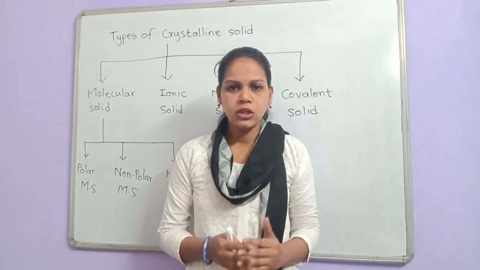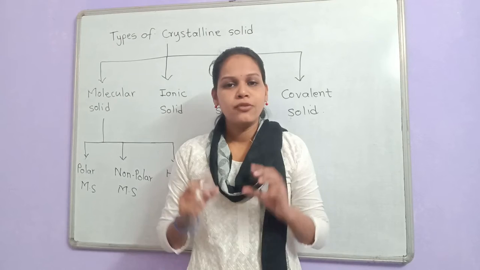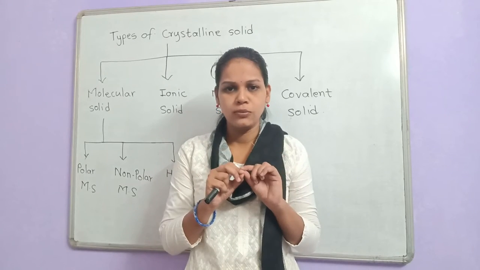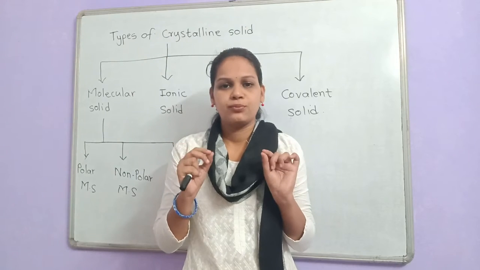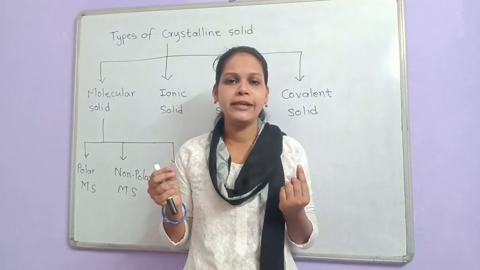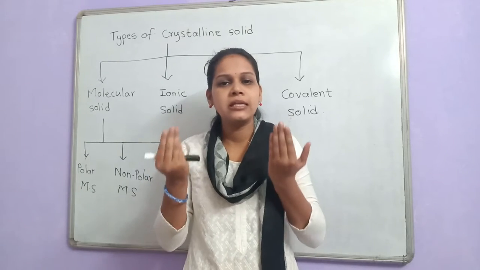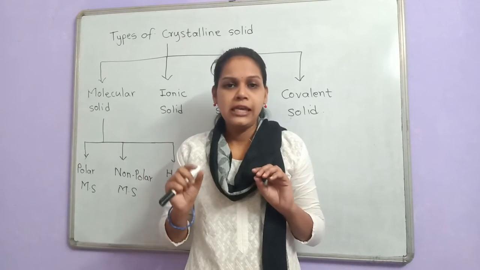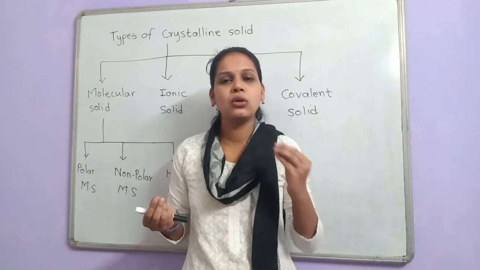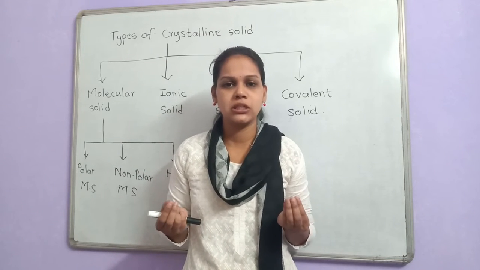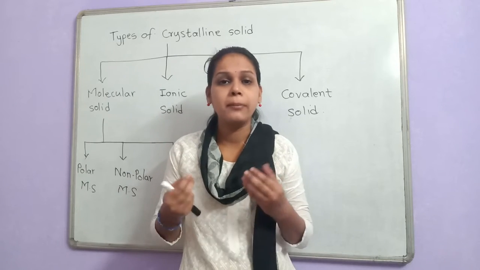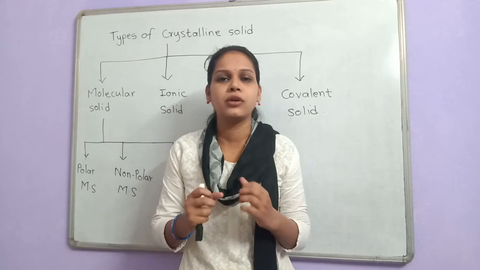Now, in a particular molecular solid, if the bonding between constituent atoms of a molecule is polar, that means there is separation of positive and negative charge, like HCl. In HCl, hydrogen has a partial positive charge and chlorine has a partial negative charge, and this is due to the electronegativity difference between the constituent atoms of the molecule.